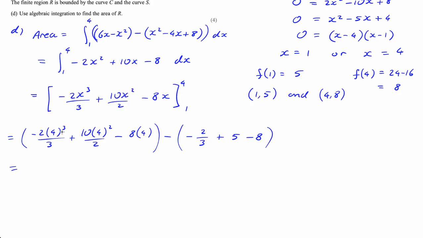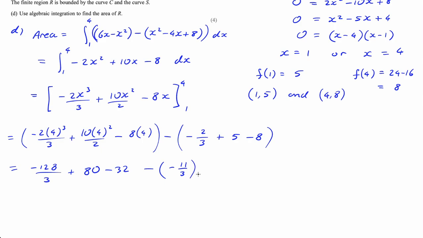This is 64 times 2, 128, so it's minus 128 over 3. This is plus 4 squared is 16 times 10, 160 divided by 2 is 80. 80 minus 32, and then subtract, this is minus 2/3 minus 3, so it's minus 3 minus 9 over 3 minus 2 over 3, which is minus 11 over 3.